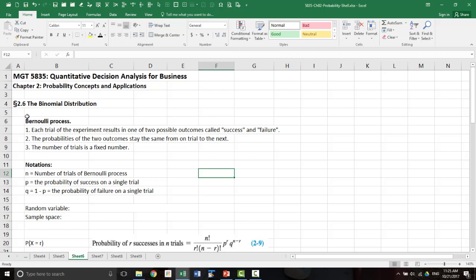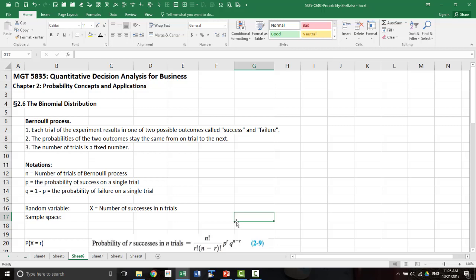So this is our Bernoulli process or binomial distribution. In that case, what is the random variable? The random variable here is defined as the number of successes in n trials. If you're going to do 5 trials, what is the probability that there will be 3 successes? Something like that.